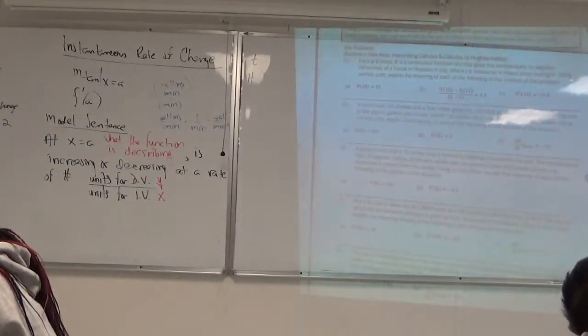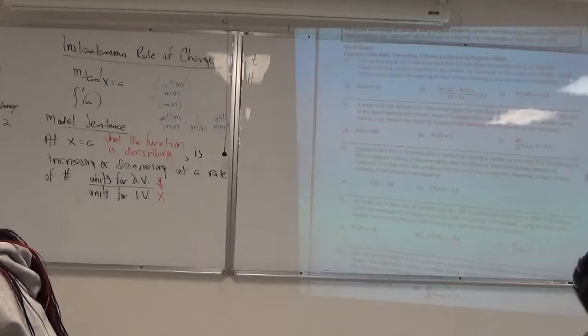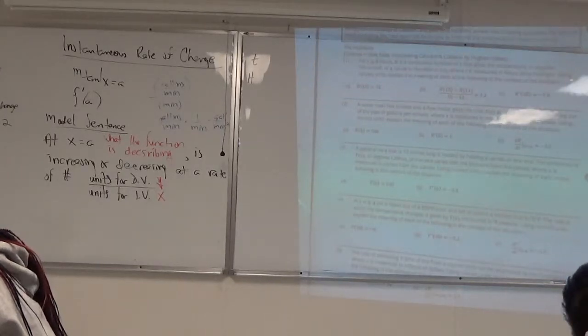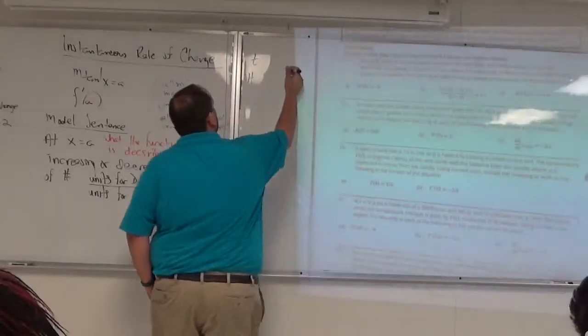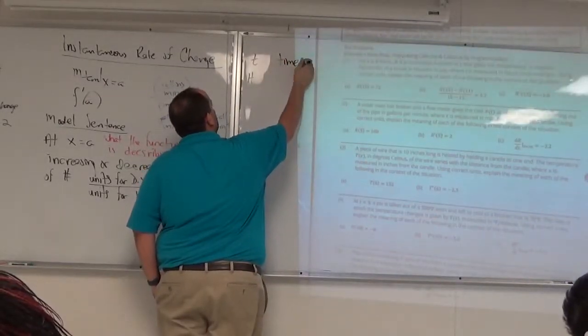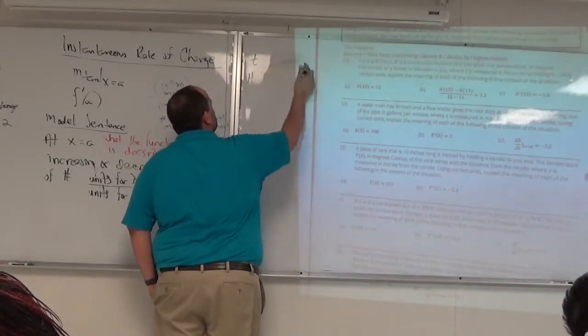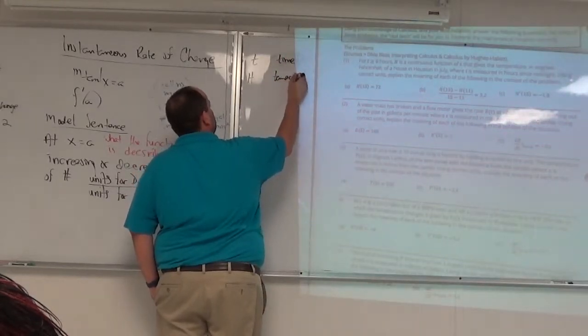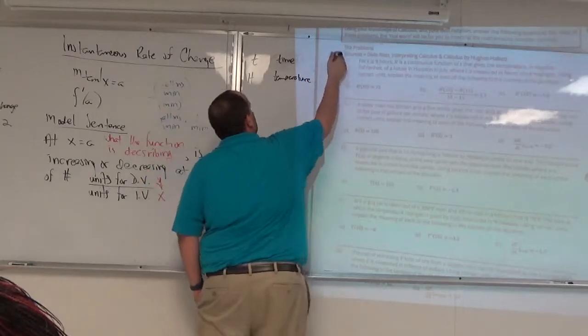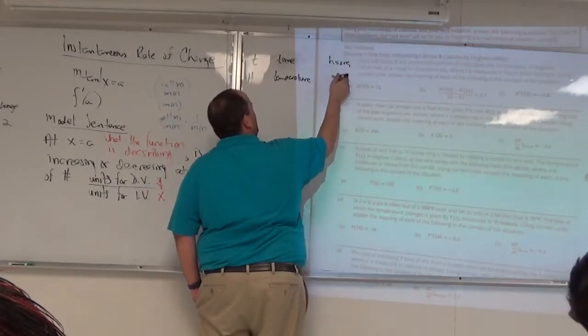Everyone seems pretty clear. We've got T. We've got H. T is time. H is temperature. We've got hours.